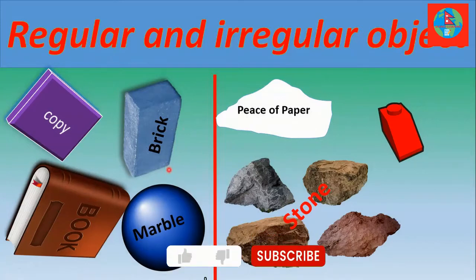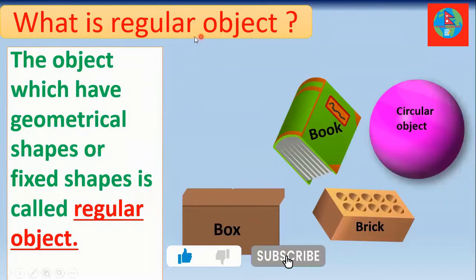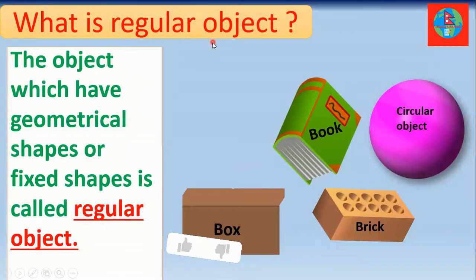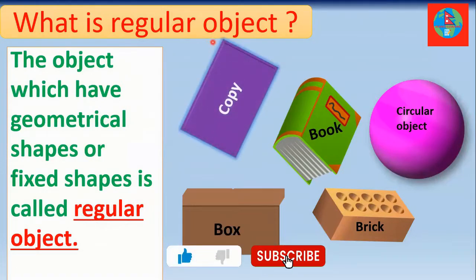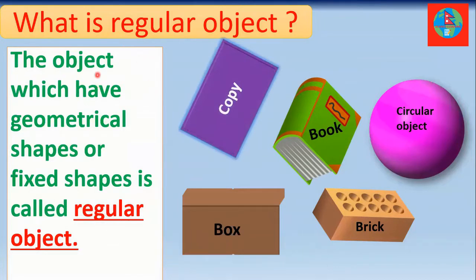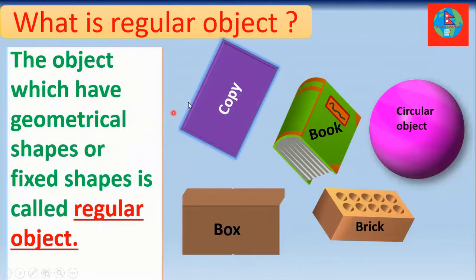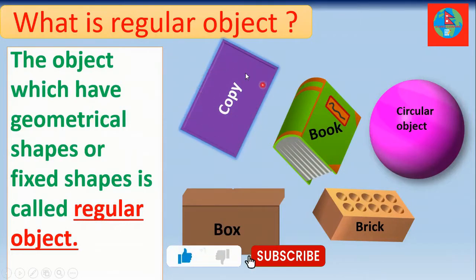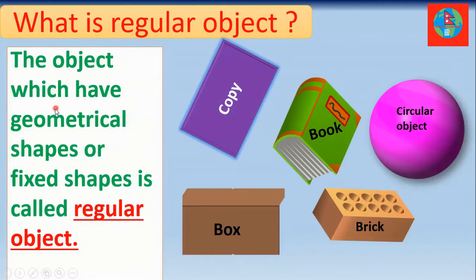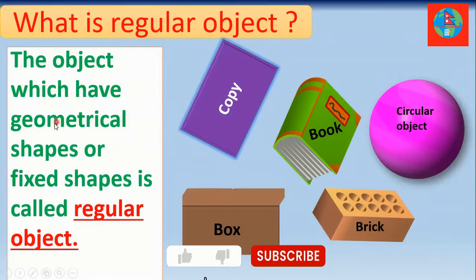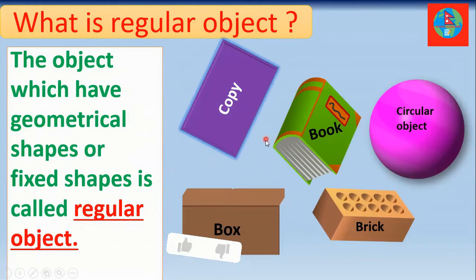Okay, my dear students, let's start. What are regular objects? Look here, my dear students. The objects which have geometrical shapes or fixed shapes are called regular objects.